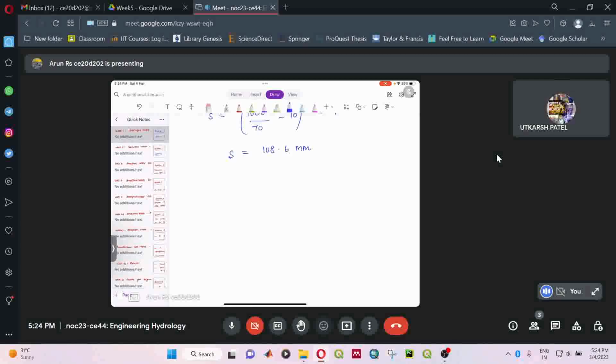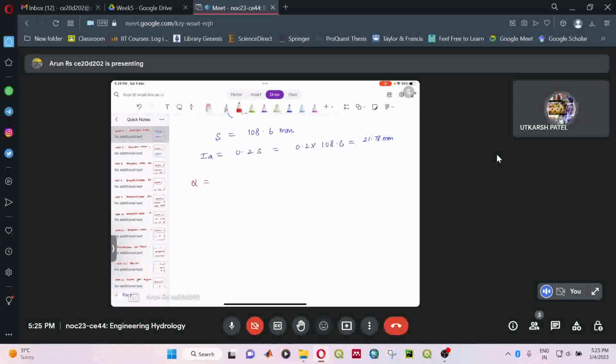So now we are going to calculate your initial abstraction. IA is equal to 0.2 times S, 0.2 into 108.6, that is equal to 21.78. So now you can write the runoff equation.